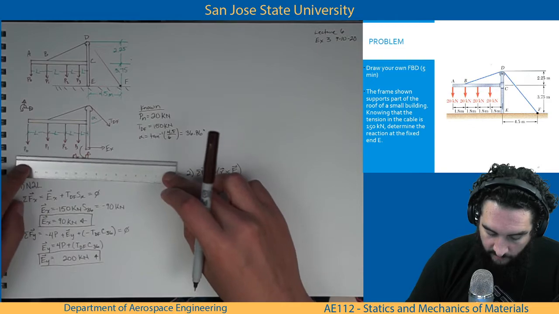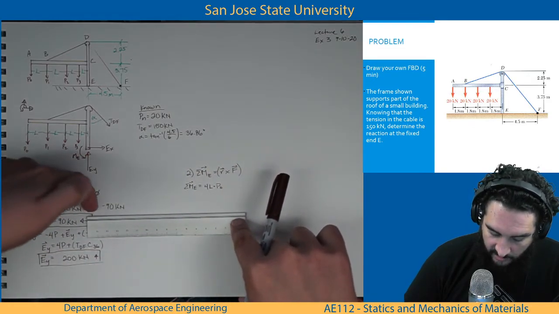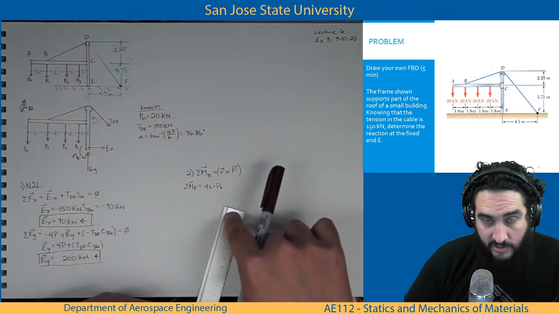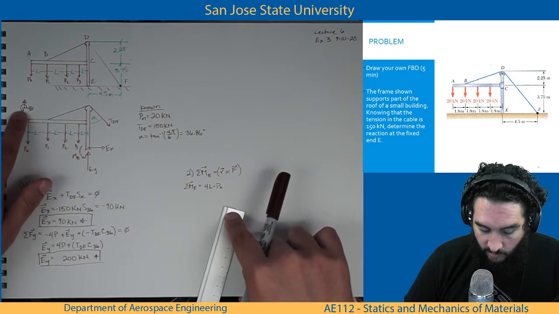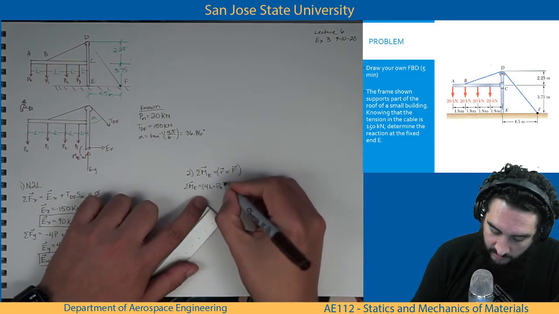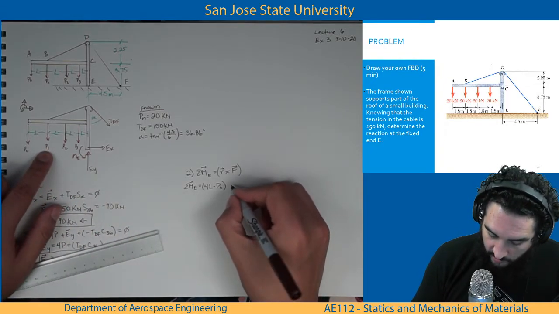So if this is E on the right hand side and P naught is being applied, this is the moment that it produces, which is consistent with my drawing. So I'm going to let this be positive still. Okay, we'll do the same with P naught or with P1.